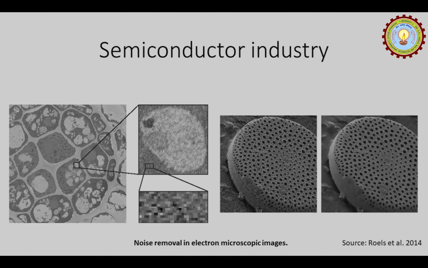If you see the two images on the right-hand side, there are a few regions where a lot of noise has been induced, but there are few regions where there is no noise at all. These regions get smoothened out in the denoised image.